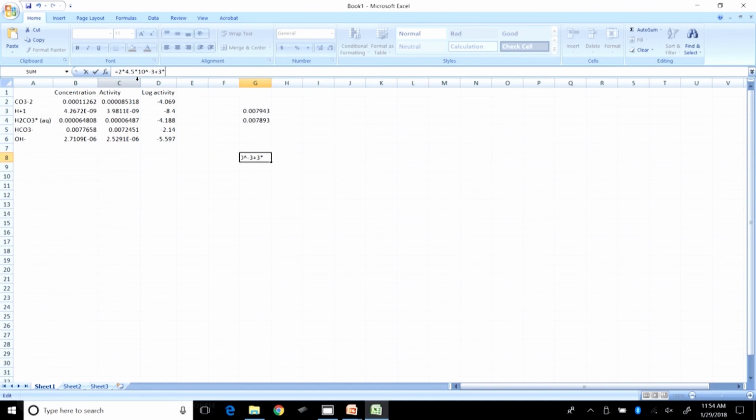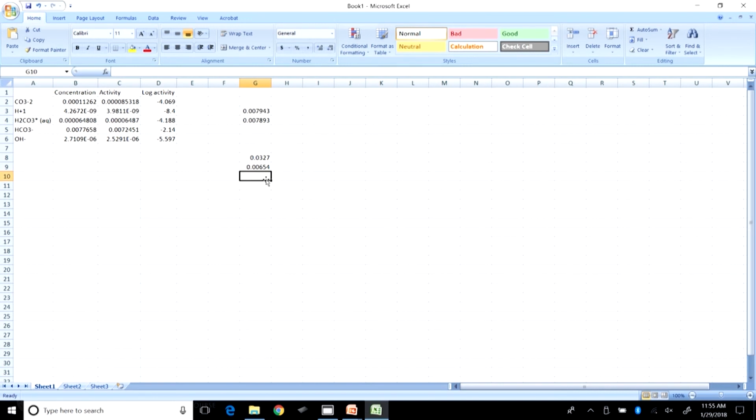That was 7.9 into 10 power minus 3, right. So, enter. So, I am going to say this, I need to divide this by the total volume, which is 5, that is equal to this cell divided by 5 and enter.